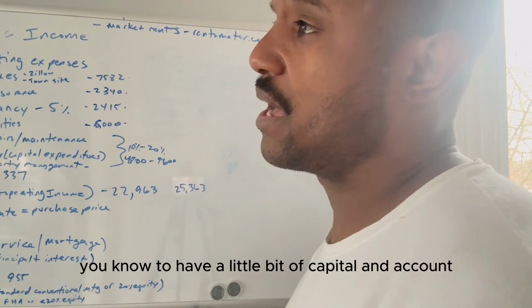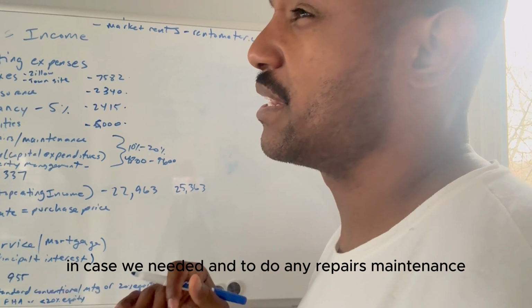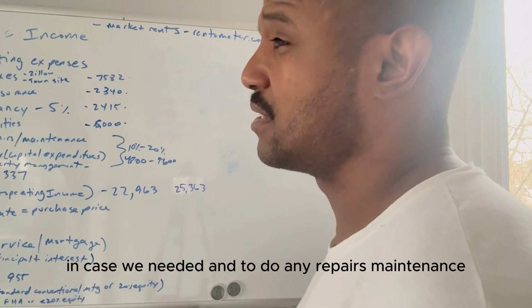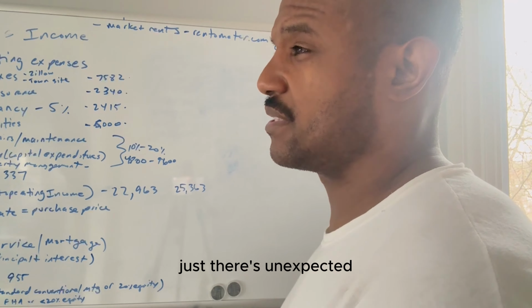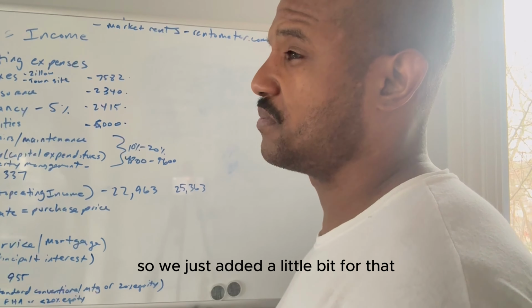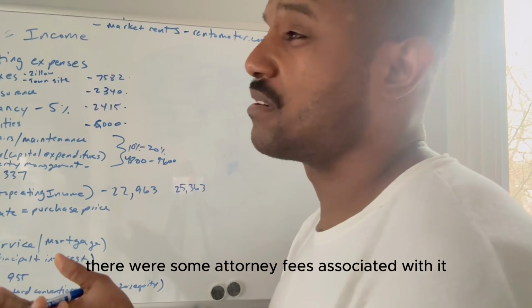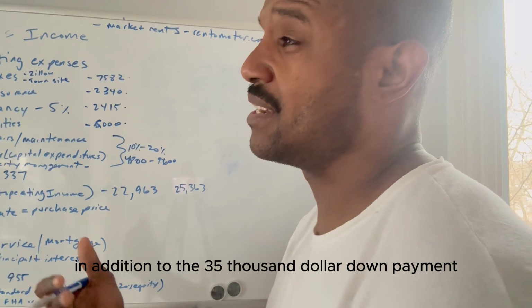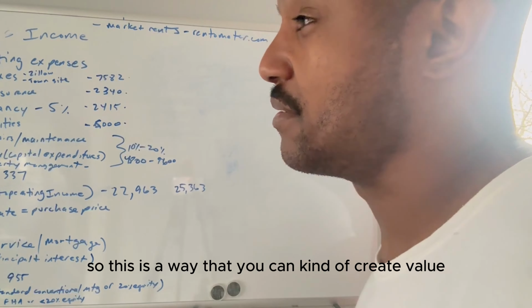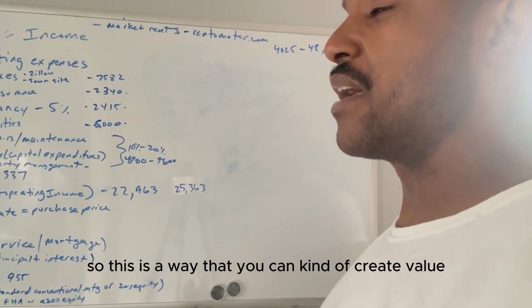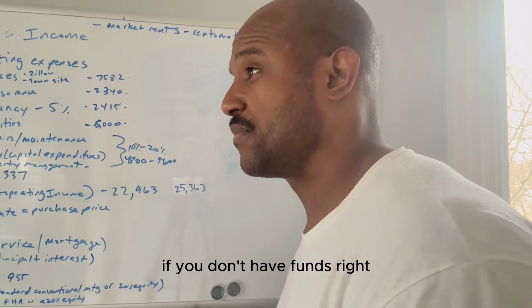To have a little bit of capital in the account in case we needed to do any repairs or maintenance right away. There were also some attorney fees in addition to the $35,000 down payment. So this is a way that you can create value if you don't have funds.